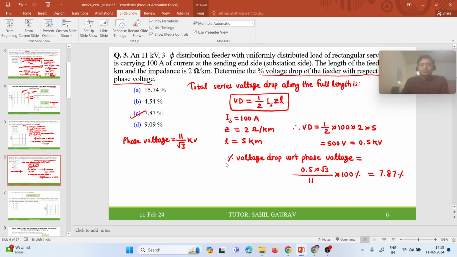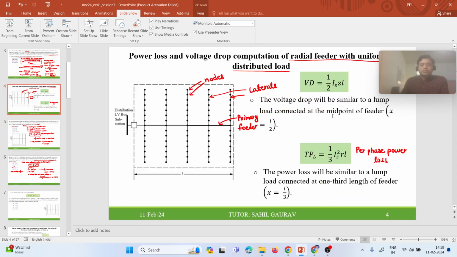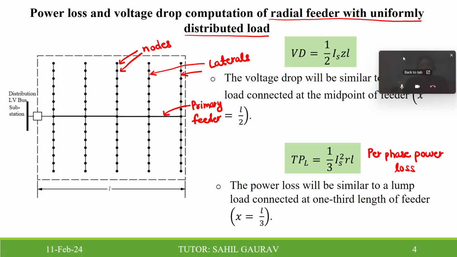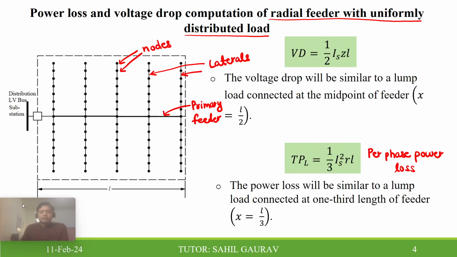And if you are finding the power loss, then the effective length will be one third of the length of the feeder. We have seen this in the slide, the question I was asking previously. So for voltage drop, the effective length will be half of the length of the feeder, and for power loss, the effective length will be one third of the length of the feeder.